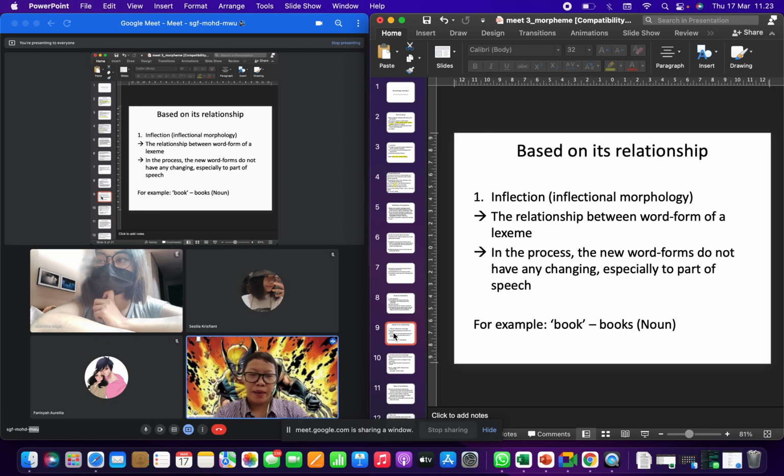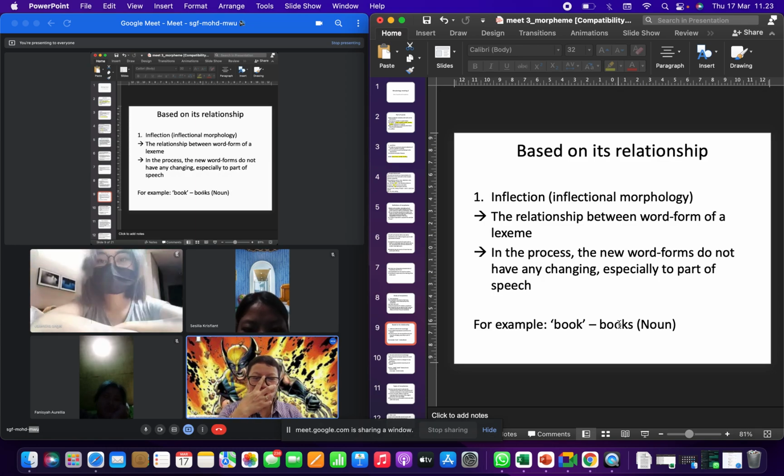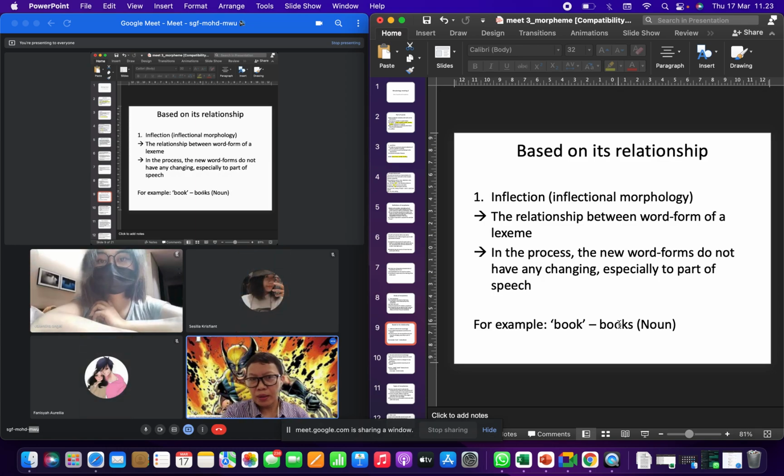For example, I have the morpheme book as a noun, and when I put the suffix s on it and it becomes books, the part of speech does not change. It is still a noun, but the meaning changes from singular to plural. Based on inflections, there is no change in part of speech at all.